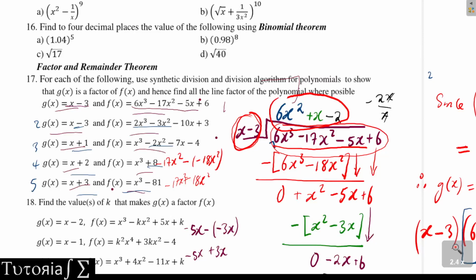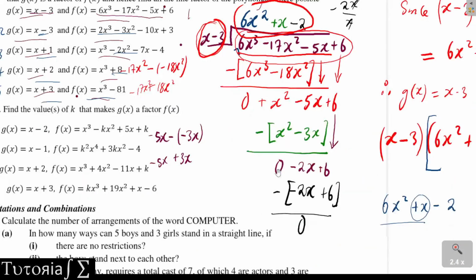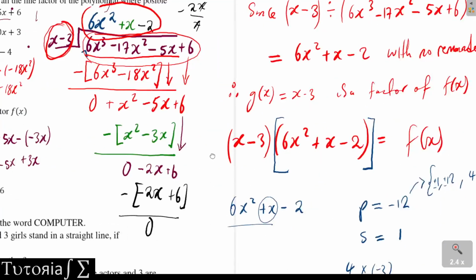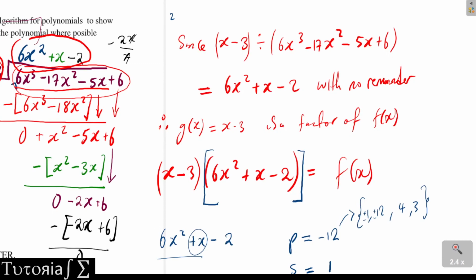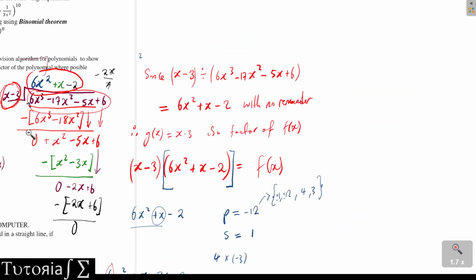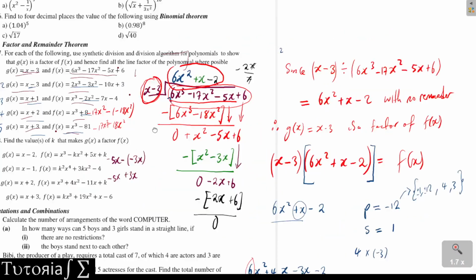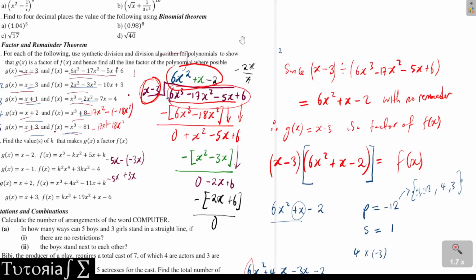Then from there we use synthetic division to show that some functions are factors of others. Right? So if you have any question, you can leave them in the comment section. But basically that is it. So the general idea is to show that this is a factor of that.